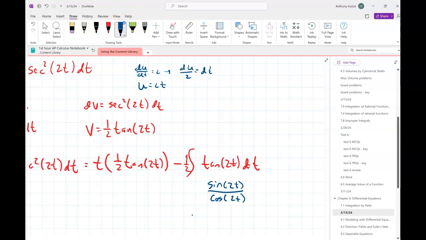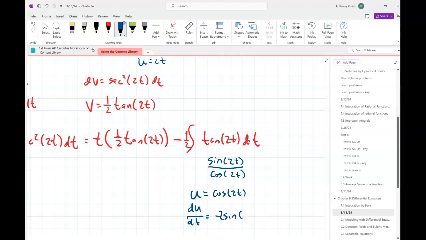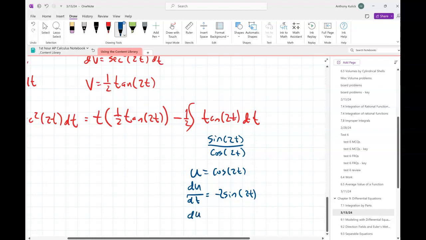So when I do that, my u is going to be cosine 2t, and my du dt then is going to be negative 2 sine 2t. So I have du over negative 2 is equal to sine 2t dt.